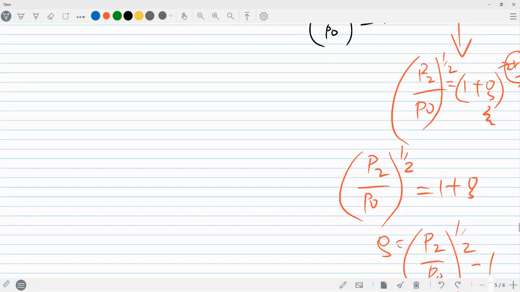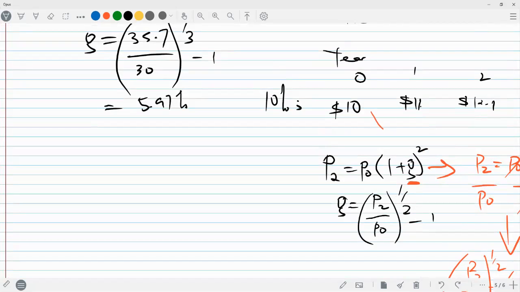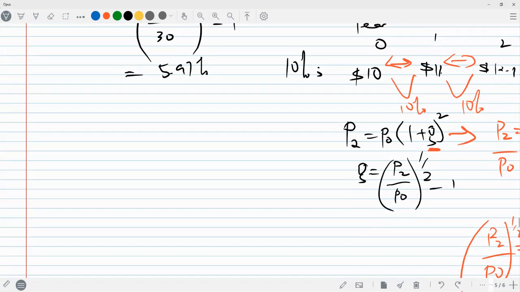Here, because the growth is the same every year, 10%, the arithmetic mean is 10% plus 10% divided by 2, and you get 10%. The same applies to the geometric mean: P2 is 12.1 divided by 10, which is P0, to the power of a half, minus 1, and you get 10% also.